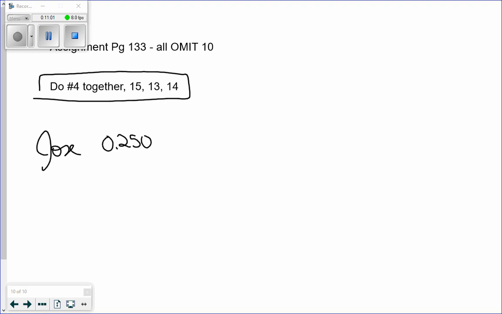Brett is 0.310. And the last one is 0.275 for Edwin. So if we go back, it says it's a relationship between number of hits and number of at-bats.